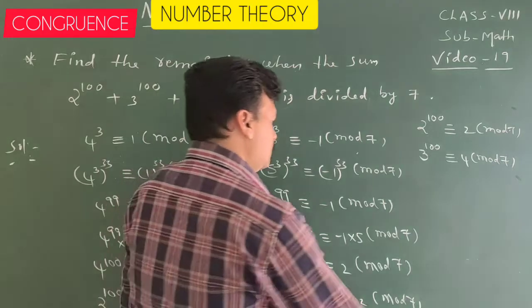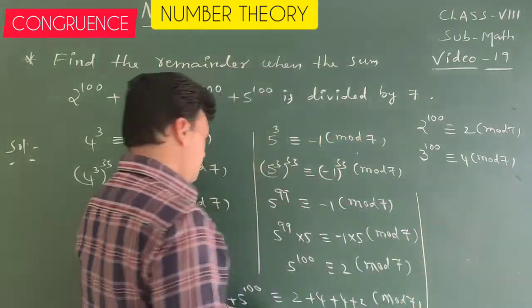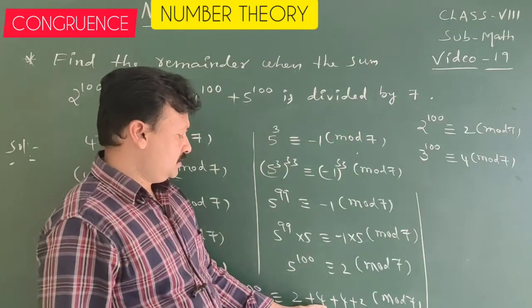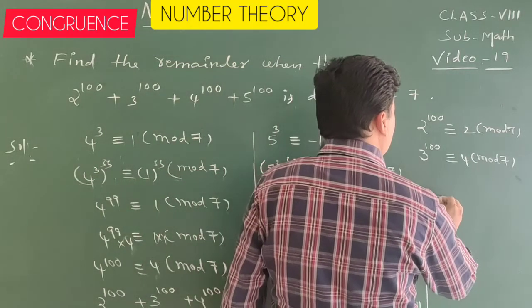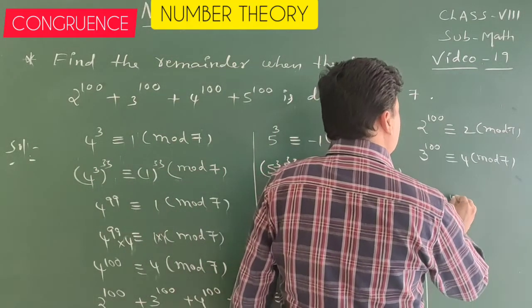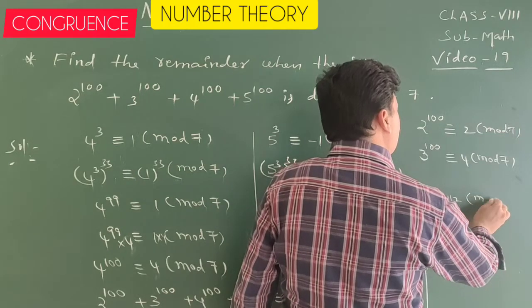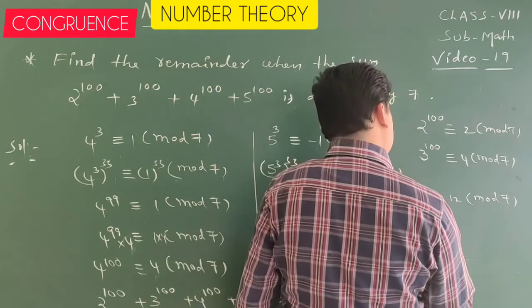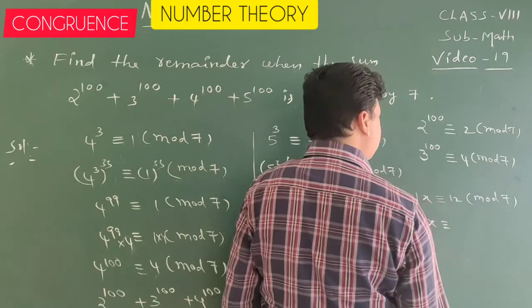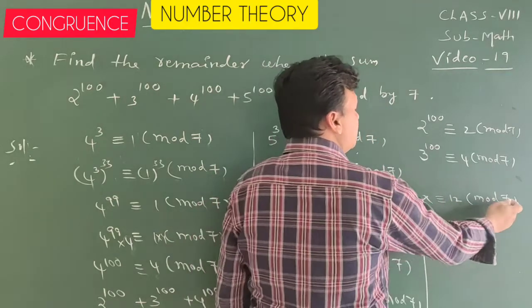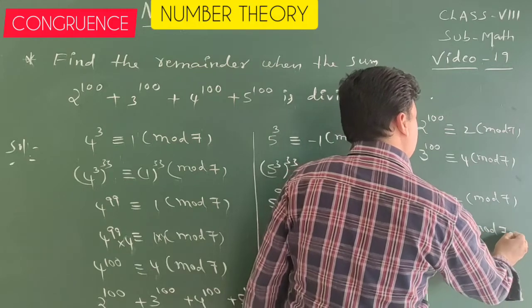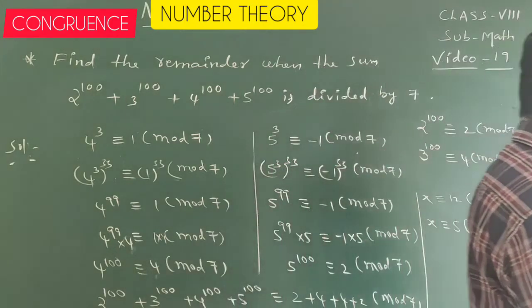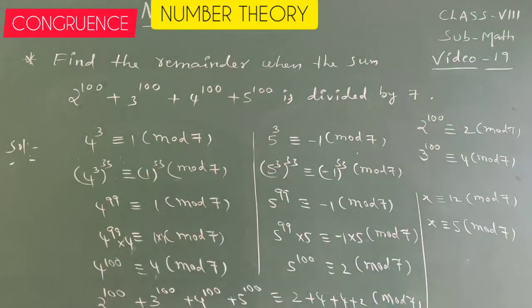So here I can do 2 plus 4 is 6, 6 plus 6 is 12. 12 to the mod 7. So the required remainder x is equal to, here 12 divided by 7, means 5. So the required remainder is 5. The required remainder is 5.